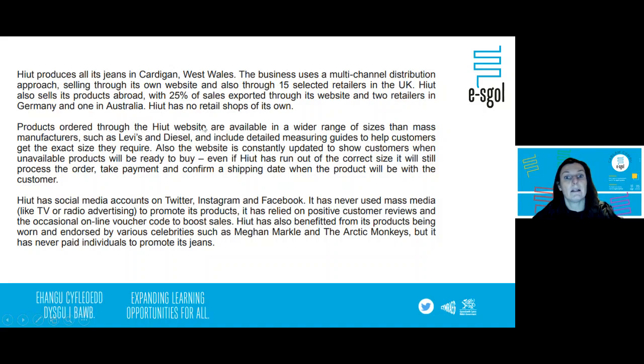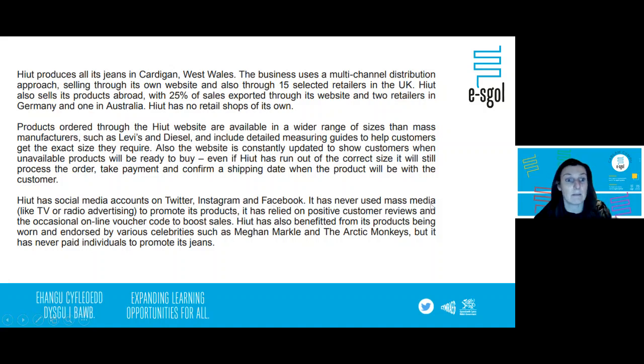Products ordered through the Hyatt website are available in a wide range of sizes, like the master manufacturers such as Levi and Diesel, and include detailed measuring guides to help people choose the best jean size. Now this is going to be important about the social media. So it has social media accounts on Twitter, Instagram, Facebook.